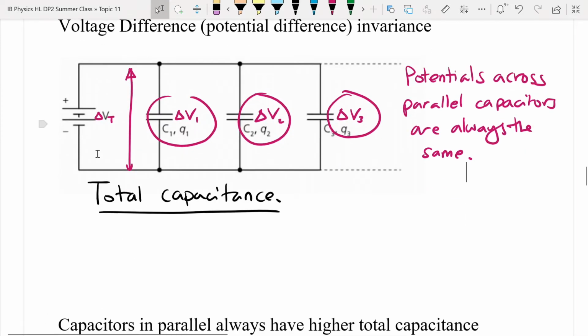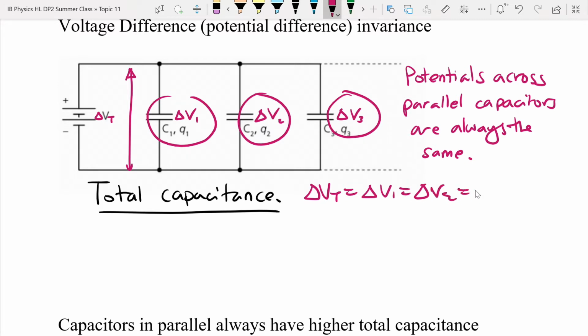So what does this mean? The first equation is going to be, well, the total voltage is equal to voltage 1, which is equal to voltage 2, which is equal to voltage 3, right?